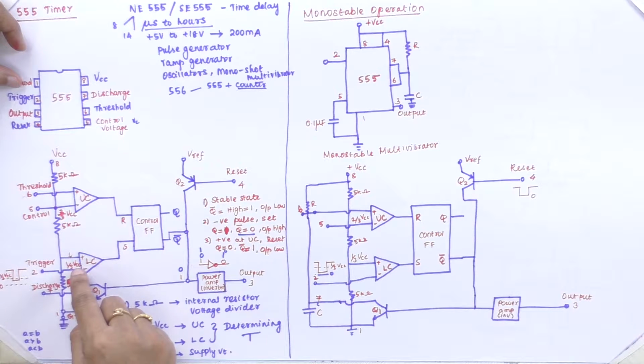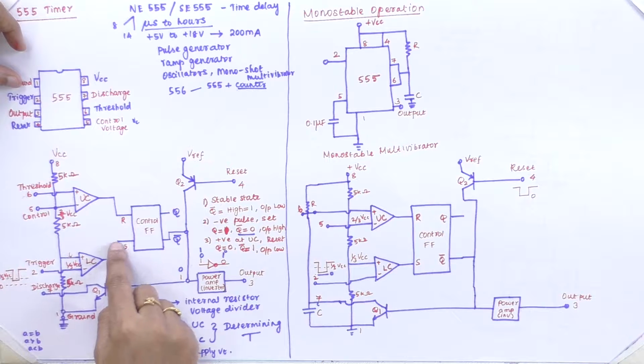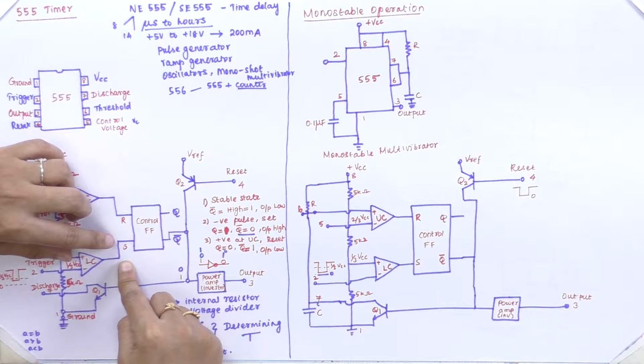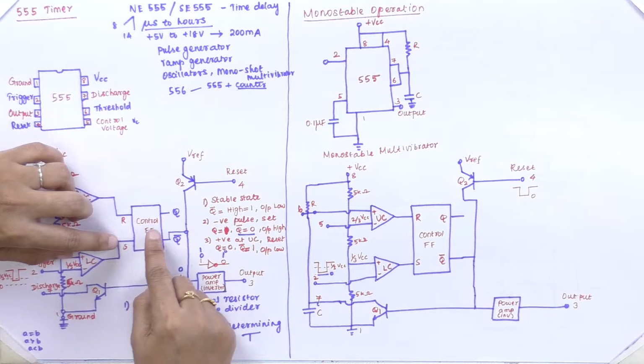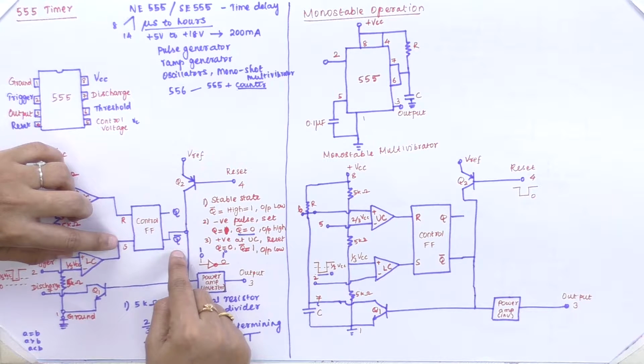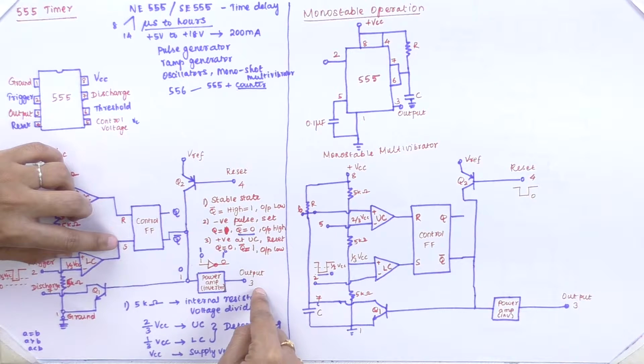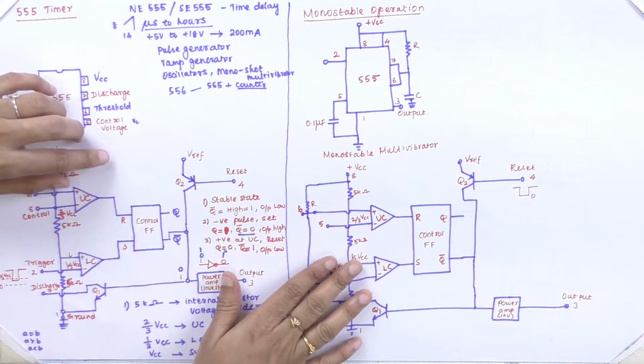Once the lower comparator output is high, it makes the flip-flop go to the set condition. Once the condition is set, Q is 1 and Q bar is 0. This Q bar of 0 is connected to the inverter as an input, so the output of the inverter produces 1, and it will be in the high state.